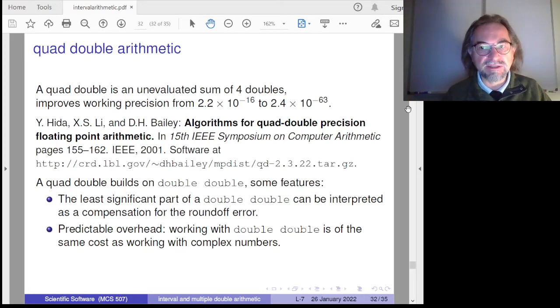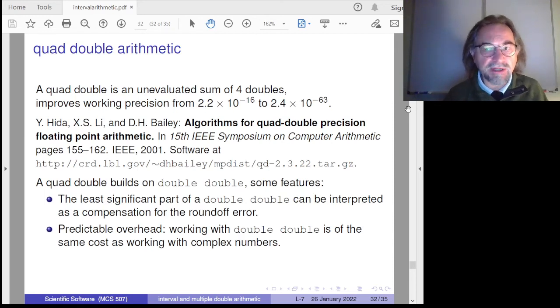And you can see this as the least significant part, which is again a double, and that's of the magnitude of the precision you're working with. So with double-double precision, you double the double precision, you get about 32 decimal places, correct? With quad-double precision, you quadruple the double precision.